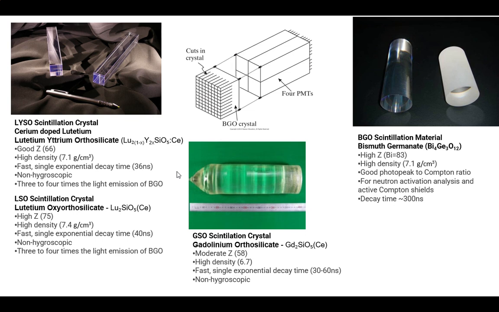You know, it's got 3 to 4 times the amount of light that BGO did. BGO doesn't give off huge amounts of light, but it catches a lot of photons. So even though it doesn't get great amplification. This one gives off a lot of light, somewhere around 71% of what the sodium iodide would do. It's got a really bad self-absorption though. So if this one gets thick, not a lot of the light gets out.